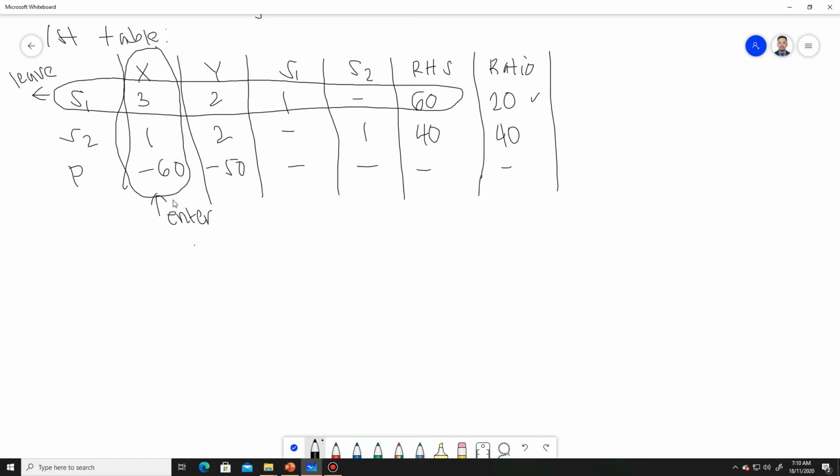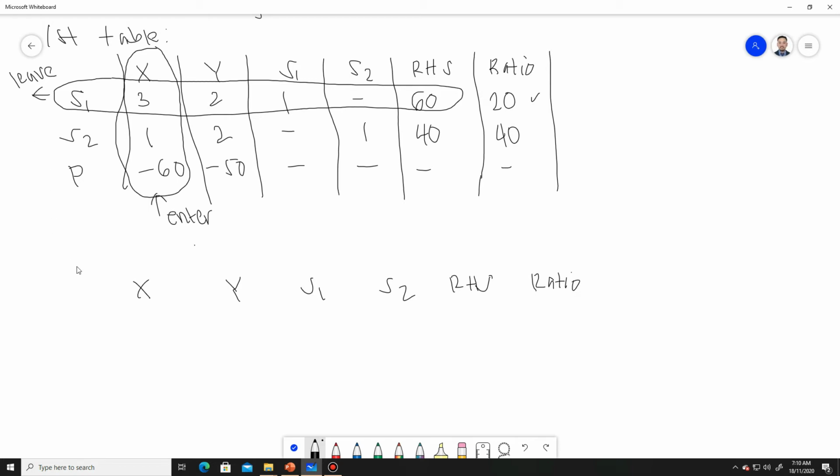So, since this is not optimal, we will create another iteration table. We will create a new table again. We have X, Y, S sub 1, S sub 2, right-hand side, and then the ratio.